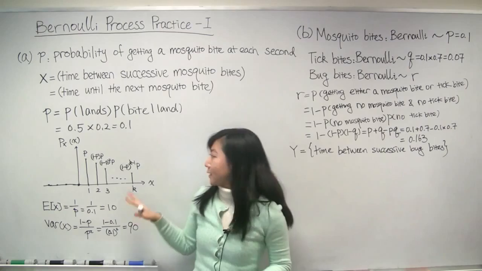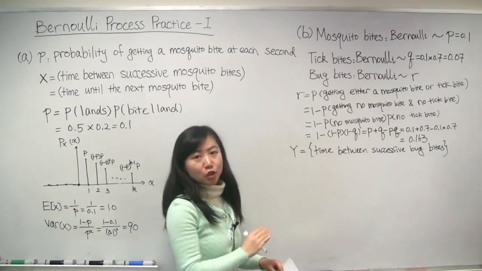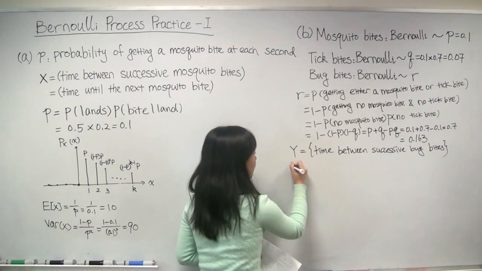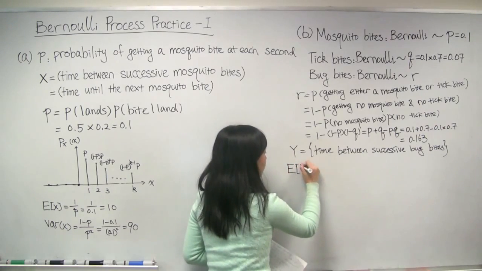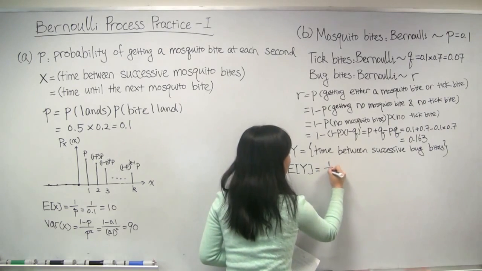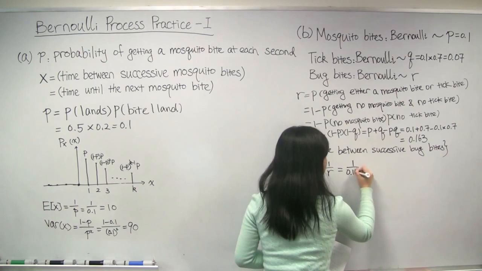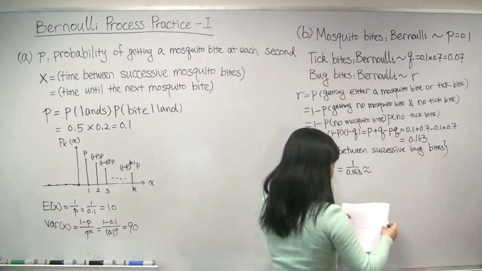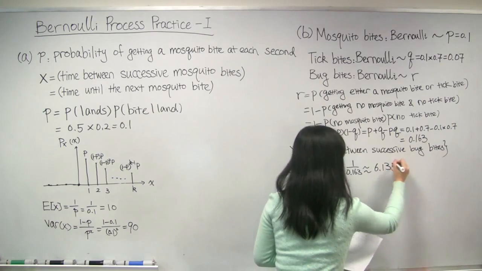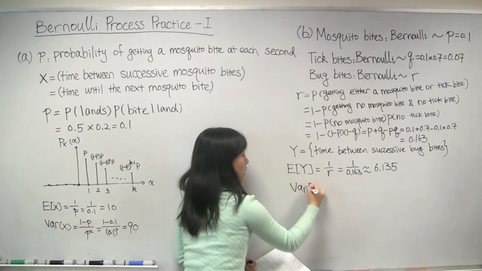So similar to x in part A, here y is a geometric random variable with parameter r, and therefore the expected value of y is equal to 1 over r, which is equal to 1 over 0.163. That is approximately 6.135.